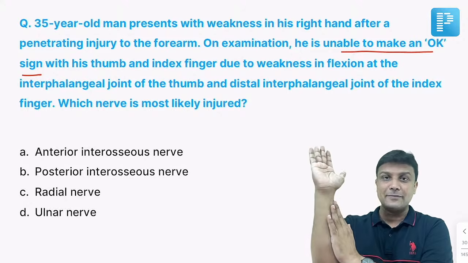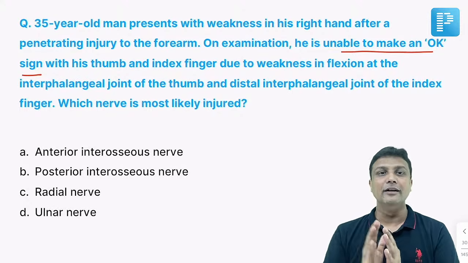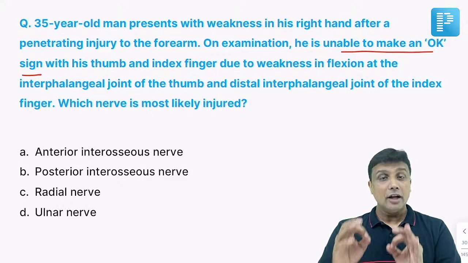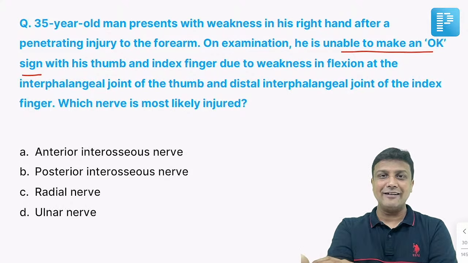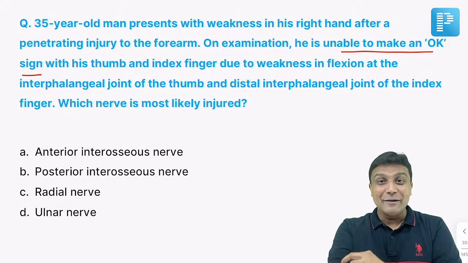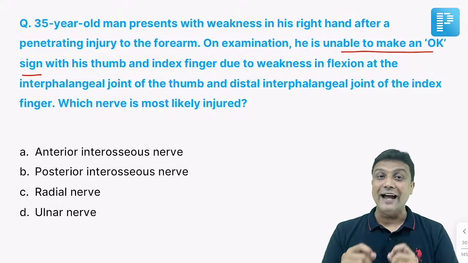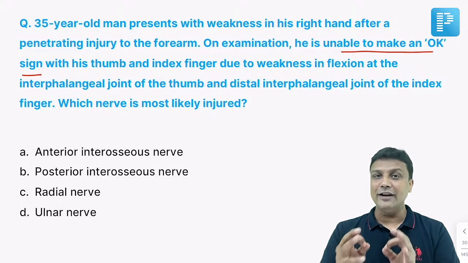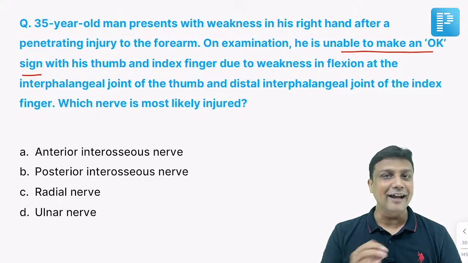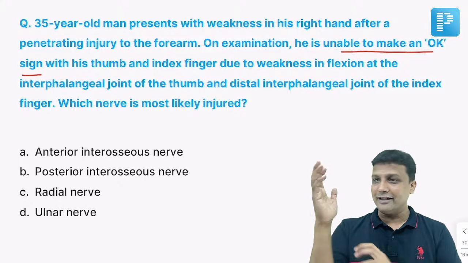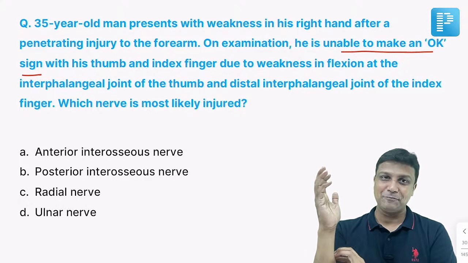Now the remaining muscles will be taken care of by the median nerve. But not exactly the median nerve itself in the anterior compartment. What is going to happen here? Median nerve will give rise to a branch, and that branch will be the anterior interosseous nerve, AIN, and that is going to supply the deep flexors.